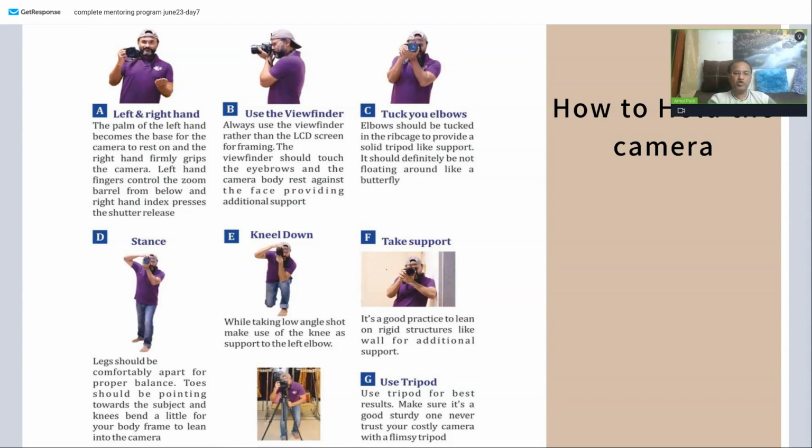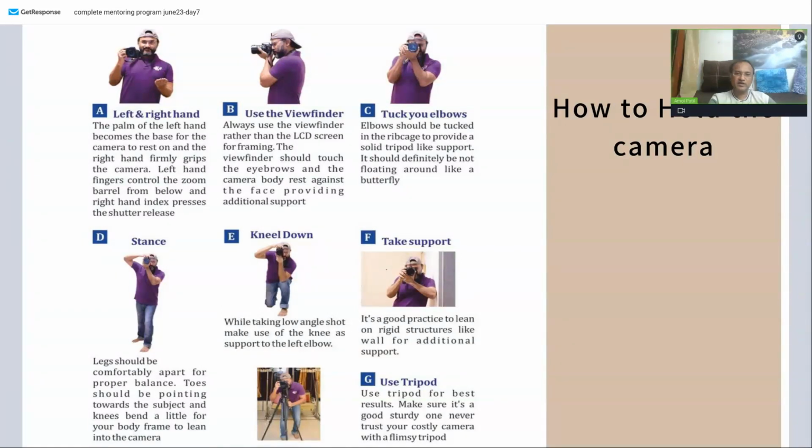While taking a low angle shot, you can make use of your knees to rest your elbow. If there is a firm wall, a tree trunk, something like that, where you can rest your body and take support, you should do that.